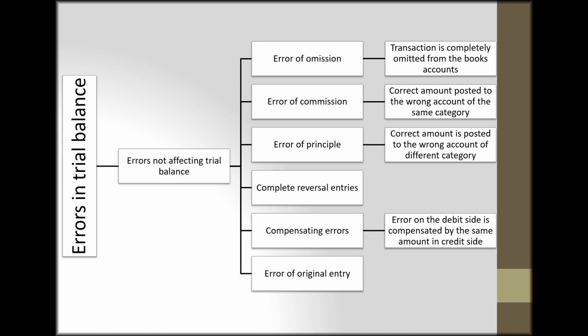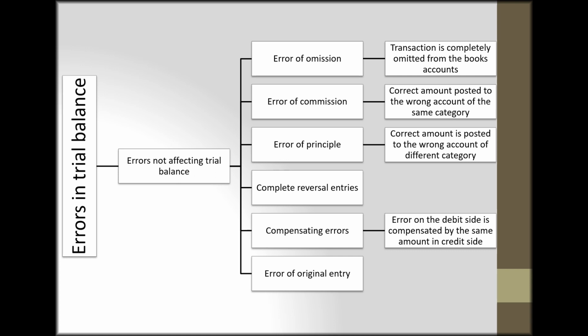And then complete reversal of entries. Complete reversal of entry is a common mistake made by students. For example, instead of debiting cash for an increase in asset, you credit cash, and then you debit sales.